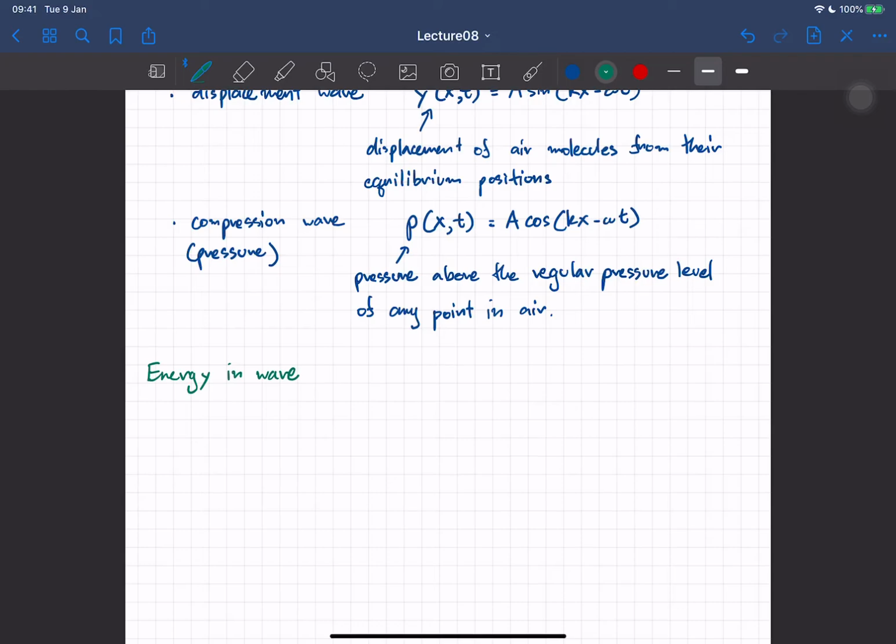So if we step back a little bit to the wave in a string again, even though we are talking about sound waves, this is fine because a wave in a string is also a valid wave, right? So what's the energy in a wave? Well, we know how to calculate the energy of each oscillating particle in the system, because that's just simple harmonic motion, right?